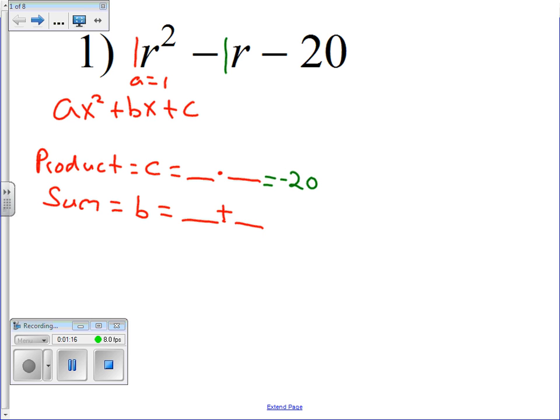It's 1 when there's no number, we assume a 1, so B is negative 1. So we need two numbers that multiply to give negative 20 but add to give negative 1.